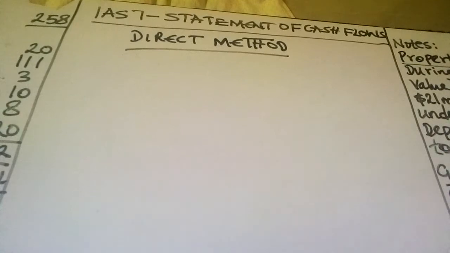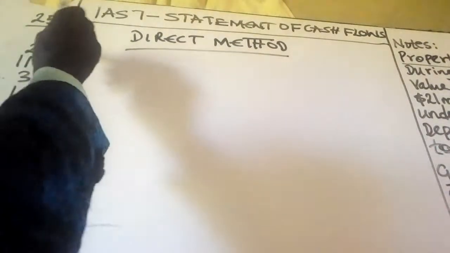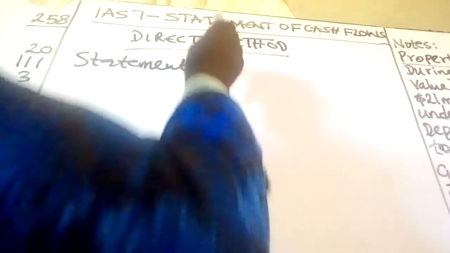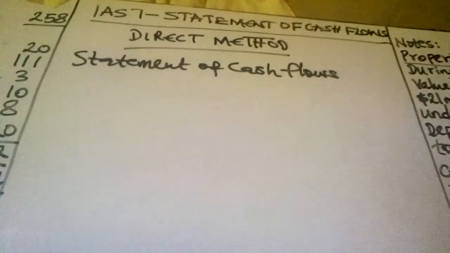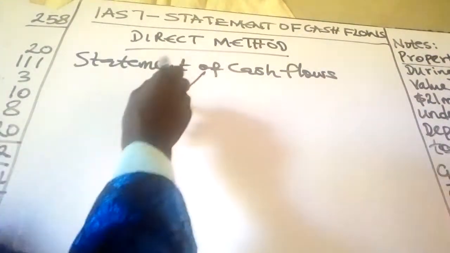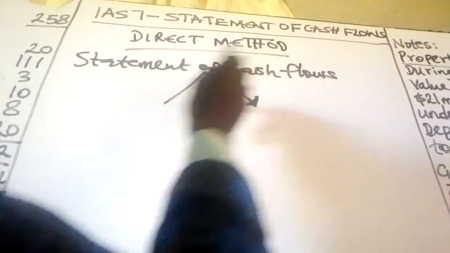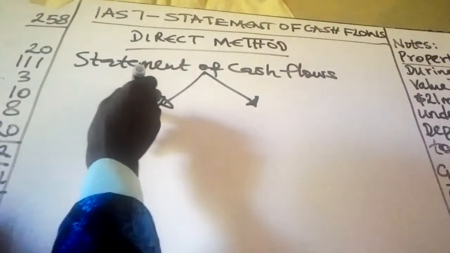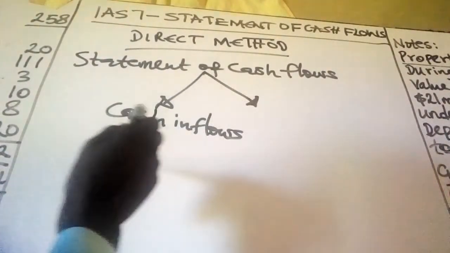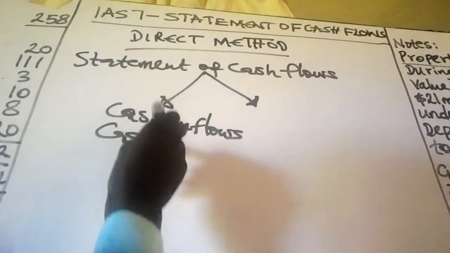Statement of cash flows. Statement of cash flows is a statement that shows the cash inflows. By cash inflows, I mean cash receipts.